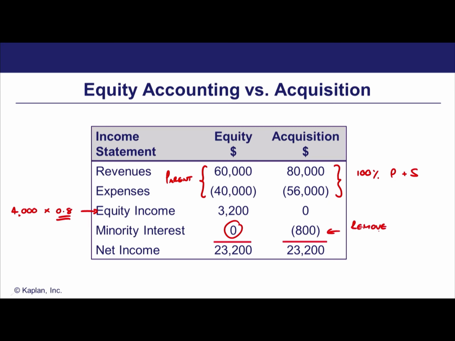Okay, and that is the minority interest. Remember, that's calculated as the earnings in the subsidiary times the minority's share ownership. But notice, whilst our income statements look totally different under the two methods, the earnings figures are the same. So we end up with the same net income, the same net profit in our income statement.